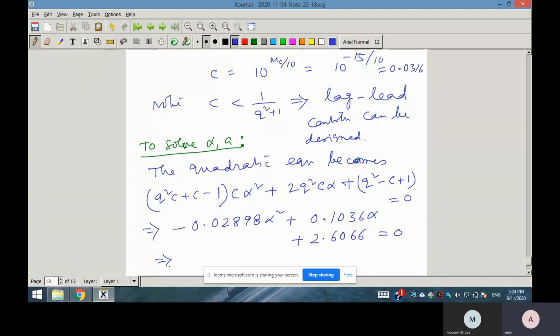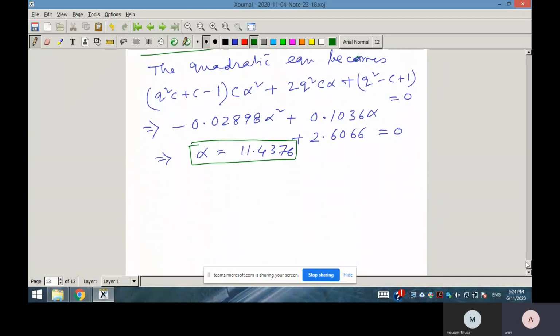So this will give you ultimately alpha equal to 11.4376. Okay, this is about your alpha. And then what is your a? Then a will become omega c into root under 1 minus c divided by alpha square c minus 1.